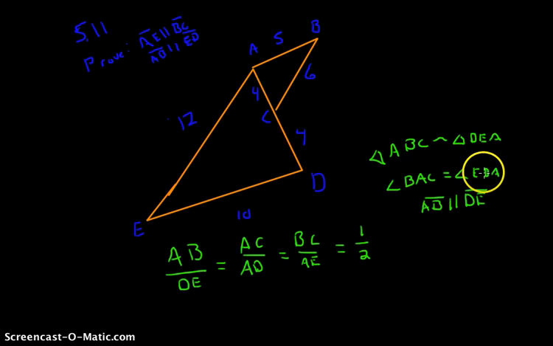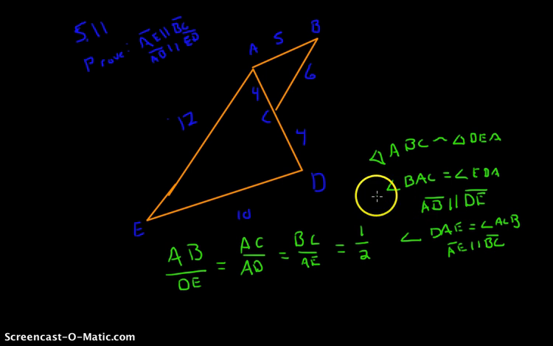It not only asks to prove that these two lines are parallel, but also AE and BC. So we just go, okay, it's the same thing. Because we have similar triangles, angle DAE is equal to angle ACB. And because of that, you get AE is parallel to BC.